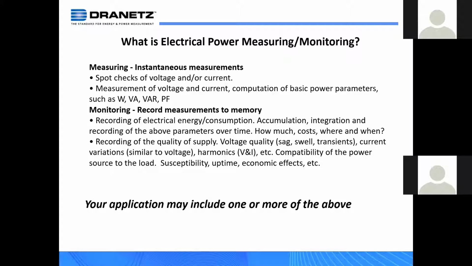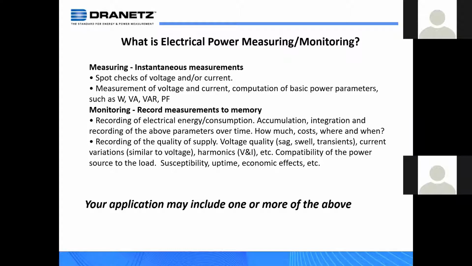So when you break it down, what are the capabilities that you get with these different sorts of applications? For measuring, that is really instantaneous readings. The meter displays something, it goes away and displays the next reading. For our purposes in electrical power monitoring, we're talking about spot checks of voltage and/or current. So consider a multimeter. Yes, you can measure the voltage. Many times these are single channel devices. Then you can measure the current together.